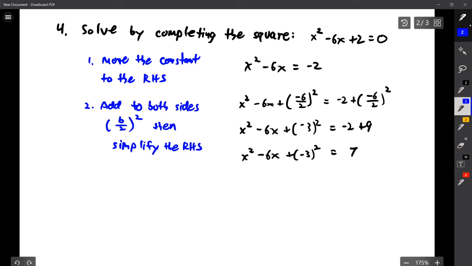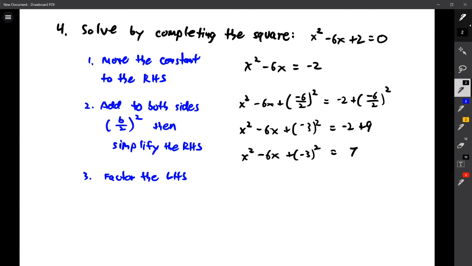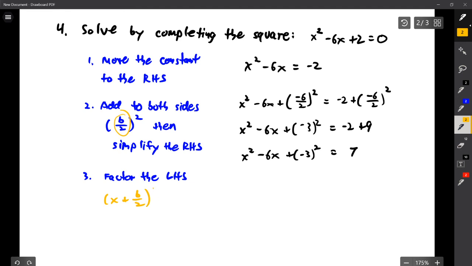Okay, now step 3. Factor the left-hand side. Because the left-hand side, again, we have created to be a perfect square. And how does this factor? It factors to be x plus b over 2 squared.